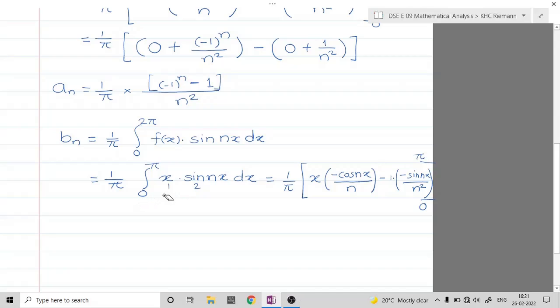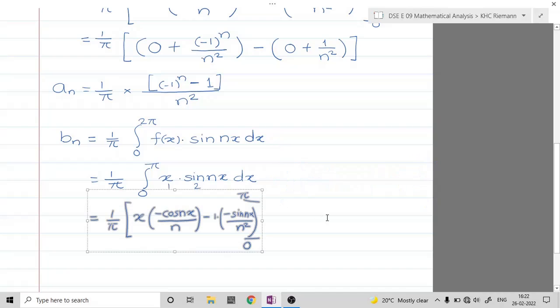Let us write it down properly. 0 to pi. Now for the first term we put the upper limit, x is equal to pi, outside 1 by pi as it is.